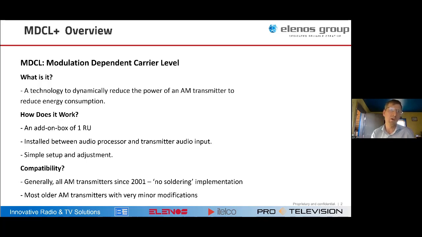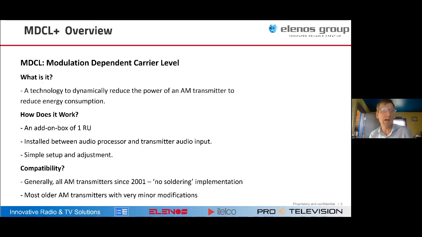But for HD radio, typically there's a set of jumpers for HD radio compatibility that eliminates that high pass filter. And that's really the thing that we're making use of. We need that DC coupling of the information coming into the audio input.